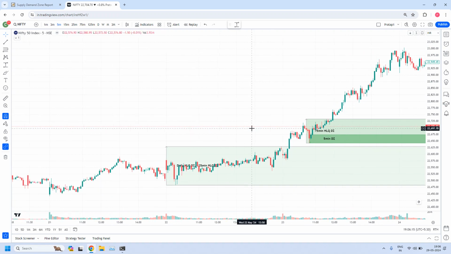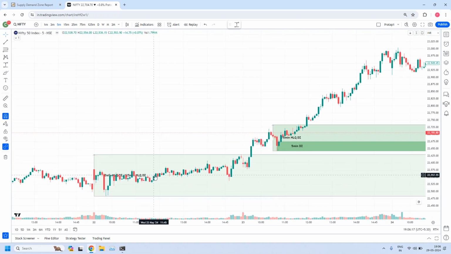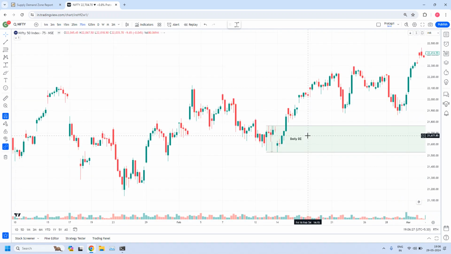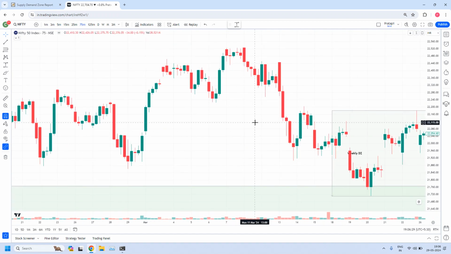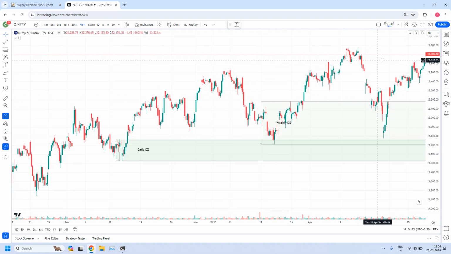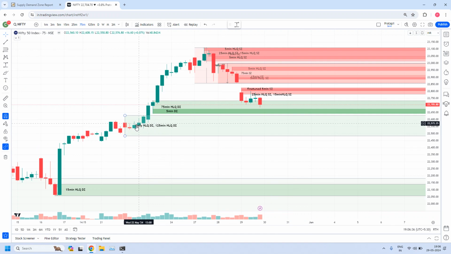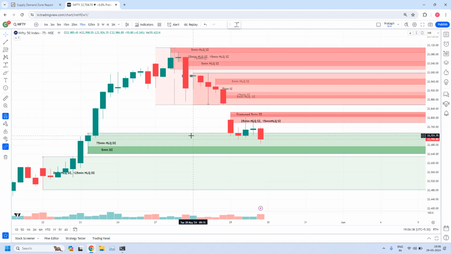But what about this one? Here we have a daily zone, and a 125 minute zone. Are there any 75 minute zones from this? Where is it? This daily zone, is it having any 125 minute zone?